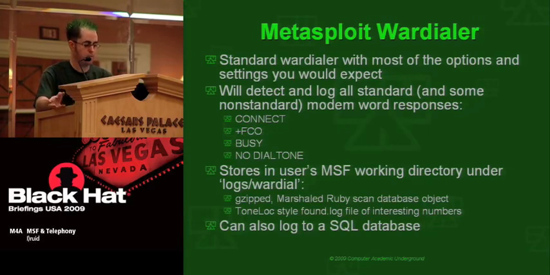There's a gzip marshaled Ruby scan database object. So if you want to do some kind of third-party app that uses that information, it's there. You just have to ungzip it and then use it as a Ruby object. It also has a ToneLoc-style found.log, which records all of your connections and interesting hits, whereas the database has all of the numbers you're scanning. And it can also log to a SQL database.